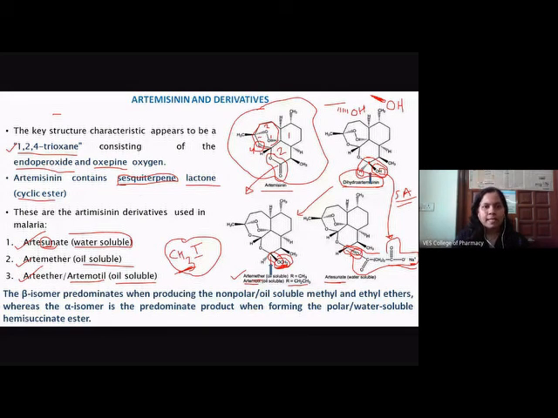In case of a sesquiterpene, it is three isoprene units which go on repeating. I suppose you have seen the structure of terpene in pharmacognosy somewhere, right? So if you have just three isoprene units, then it is considered a sesquiterpene. So that is the meaning of sesquiterpene.